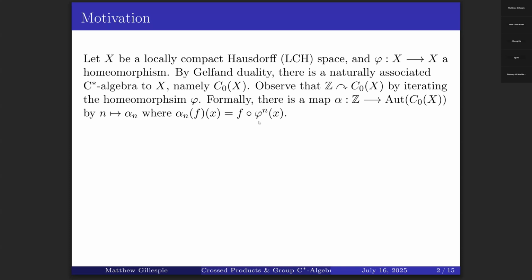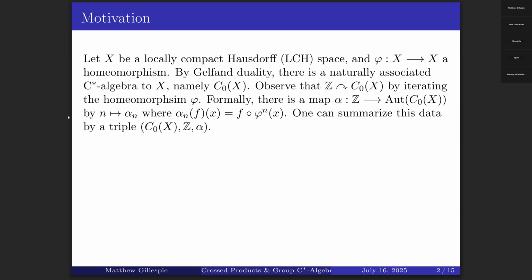That is, I take x, apply phi to it n times, and then apply f to that. For positive integers, I'm simply applying phi that many times, but for negative integers, I'm applying the inverse of phi that many times.